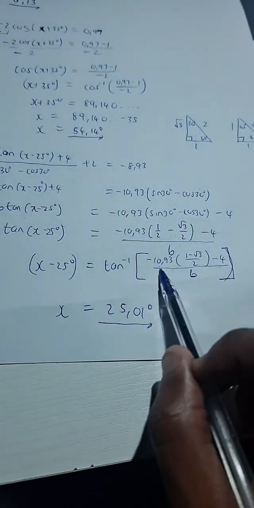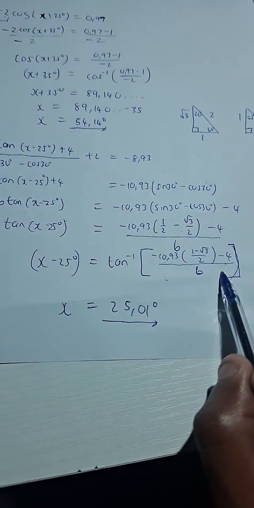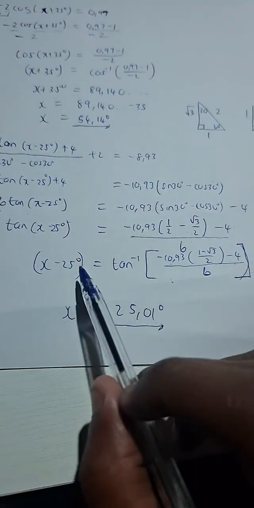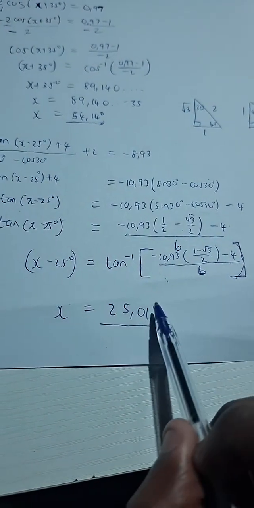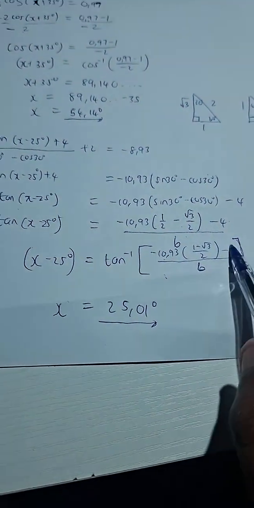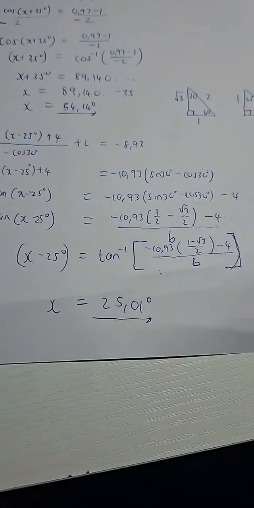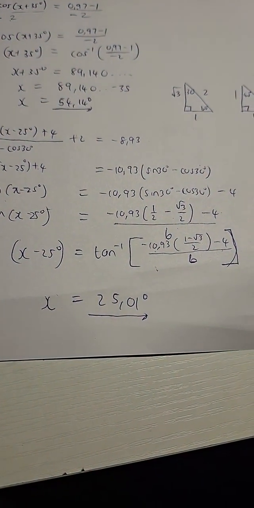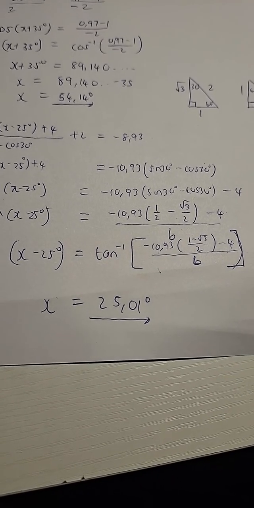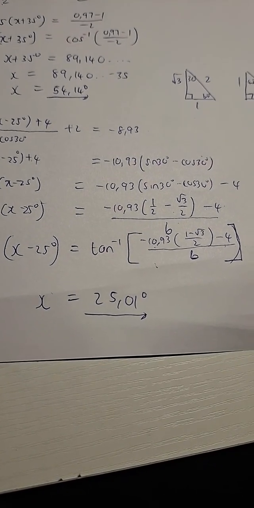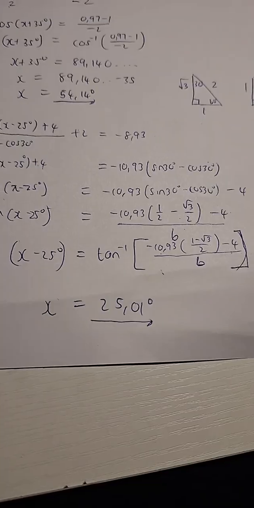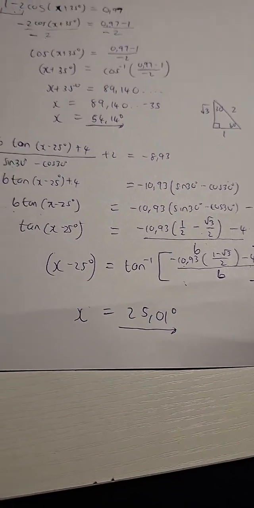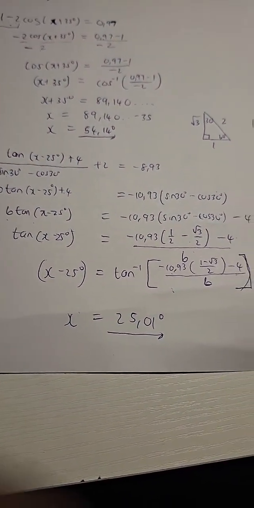And remember, this here is still intact. Then after you are done, you take the negative 25, transpose it, then you add 25 to whatever you got from this. You should get 25,01 degrees. That should then be your answer. Okay. That's my answer. What answer did you guys get?